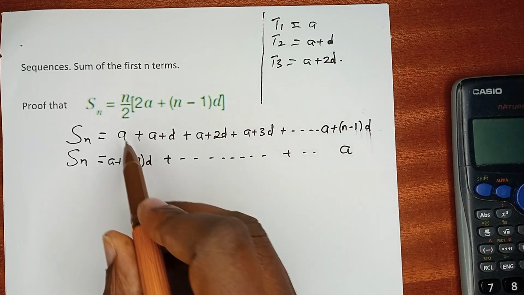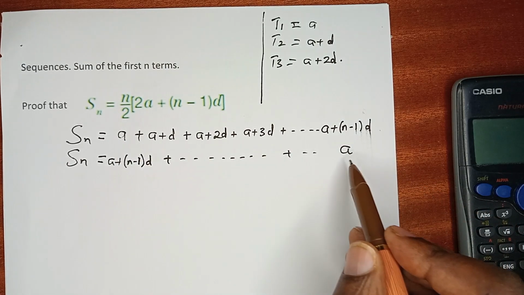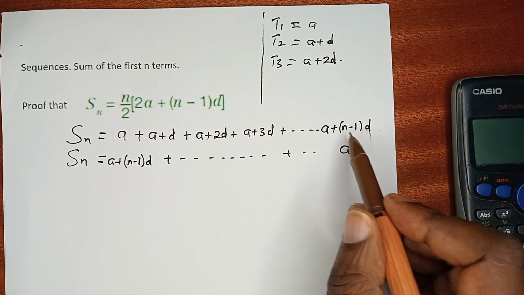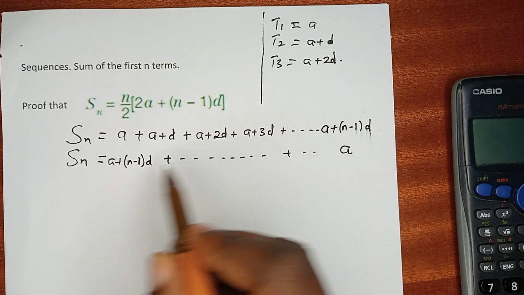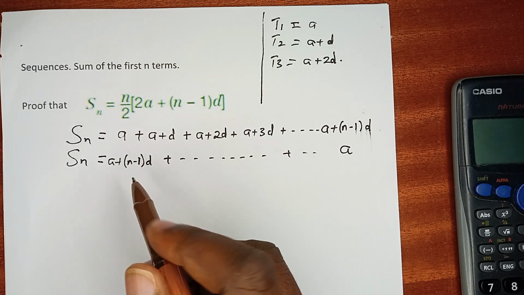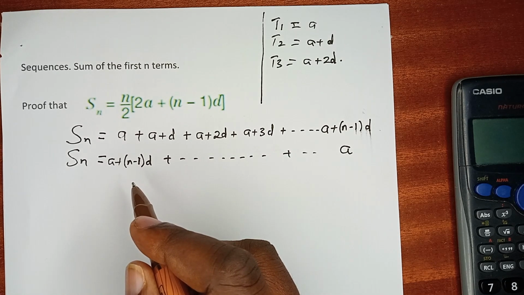In other words, what we started with here becomes the last term here. What we ended up with here becomes the first term here. And previously we understood that we are just going to have the same sum.